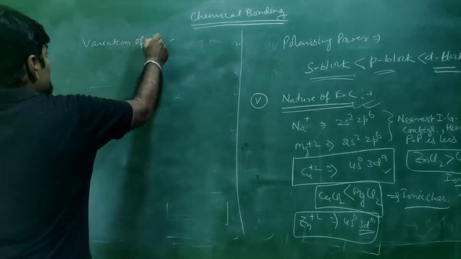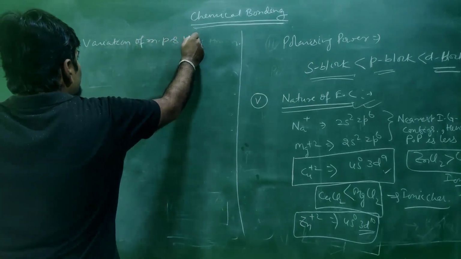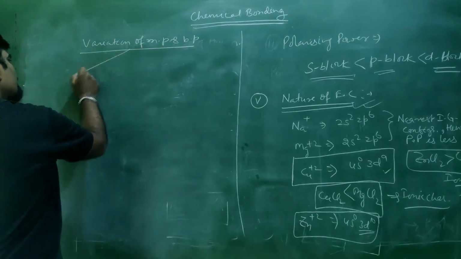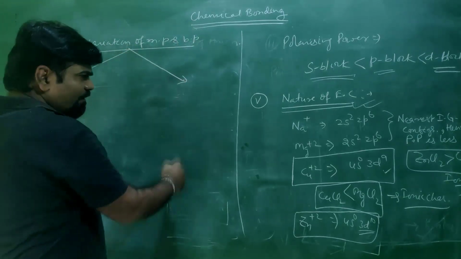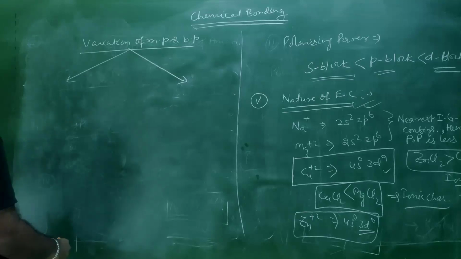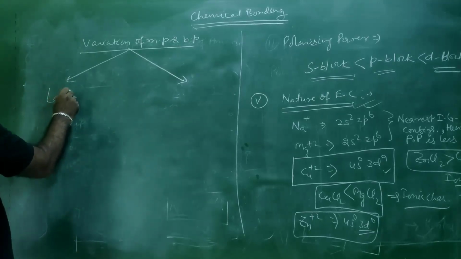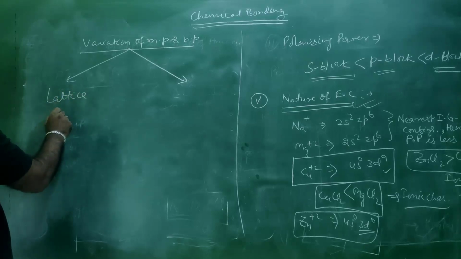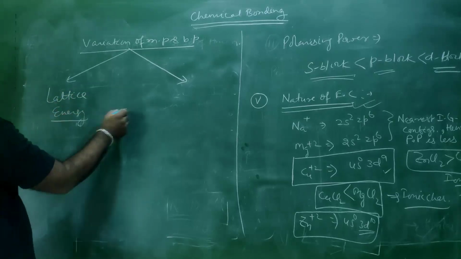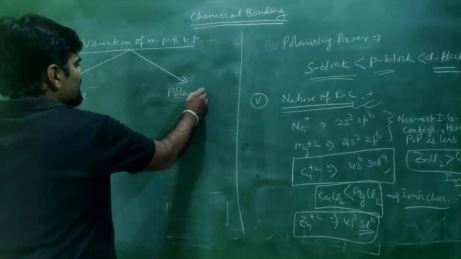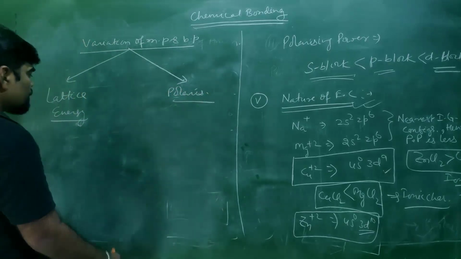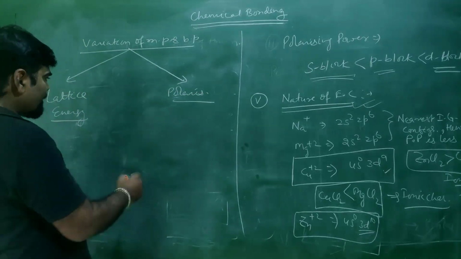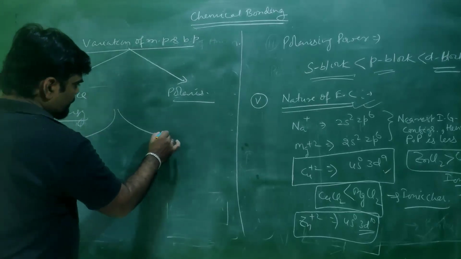Let's revise the variation of melting and boiling point of ionic compounds. This depends upon many factors. Two major factors are there: lattice energy and polarization. By using these two, we can frame two different cases.